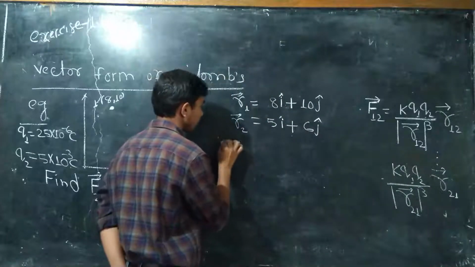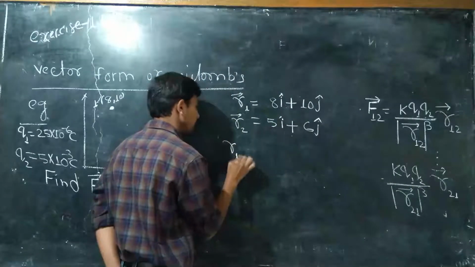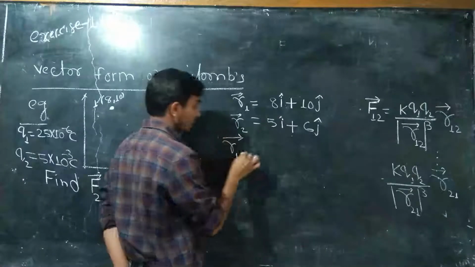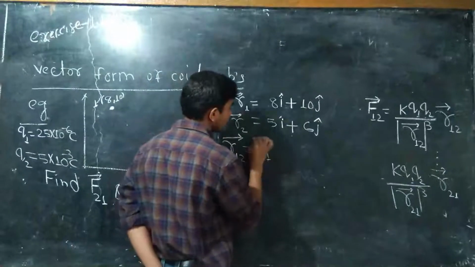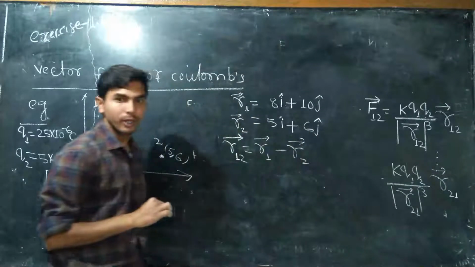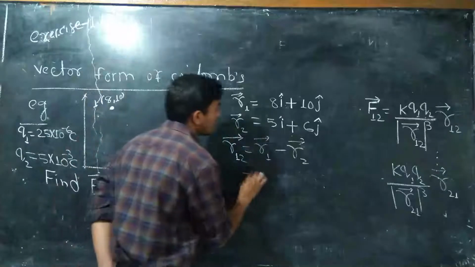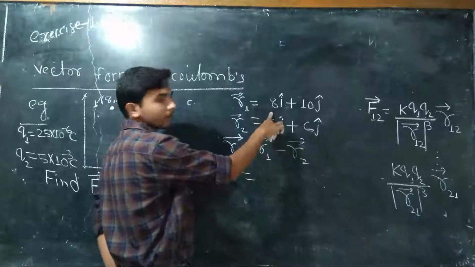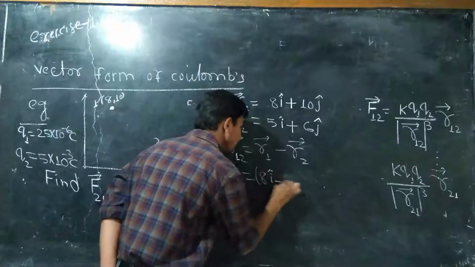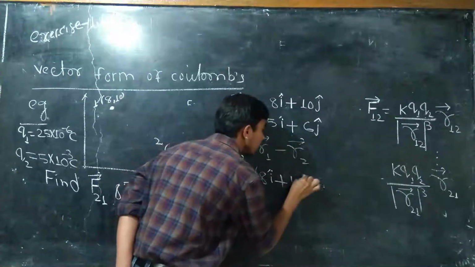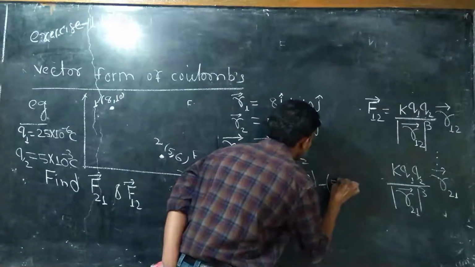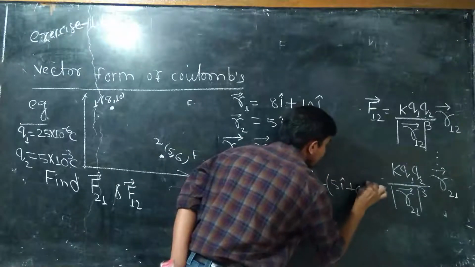Now the position vector of 1 with respect to 2, which is equal to R1 minus R2, yes or no? R1 is given, this is your R1, so 8I plus 10J minus (5I plus 6J).